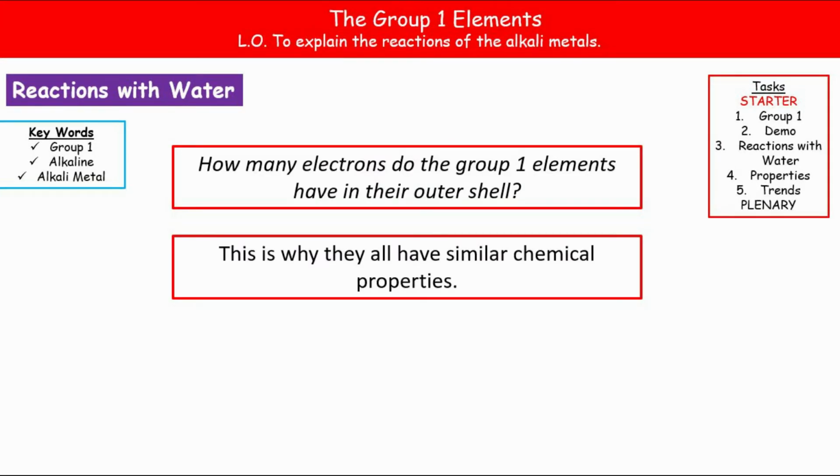See if you can have a go at answering the question at the top. How many electrons do the group 1 elements have in their outer shell? I'm going to give you 30 seconds to write that answer down.